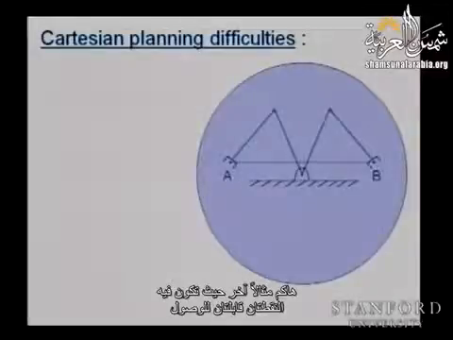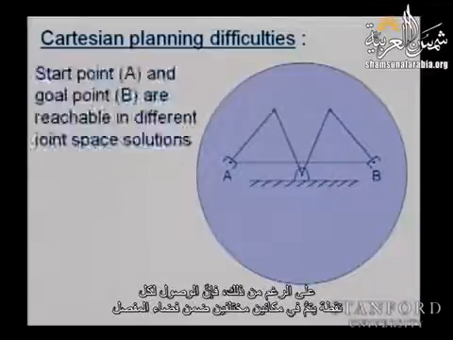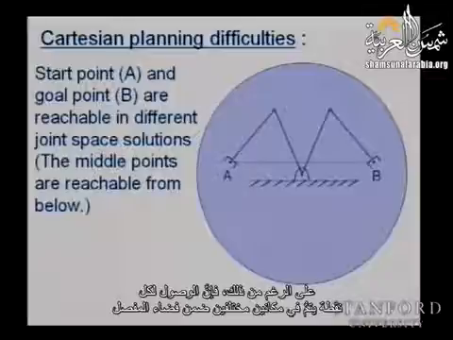So here is another example in which both points are reachable. Everything along the path is reachable without infinite velocities. However, the two solutions are reachable in two different joint space areas.